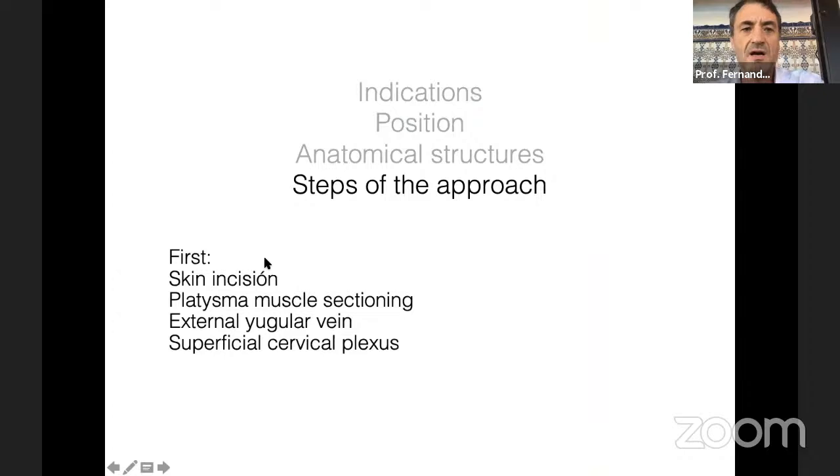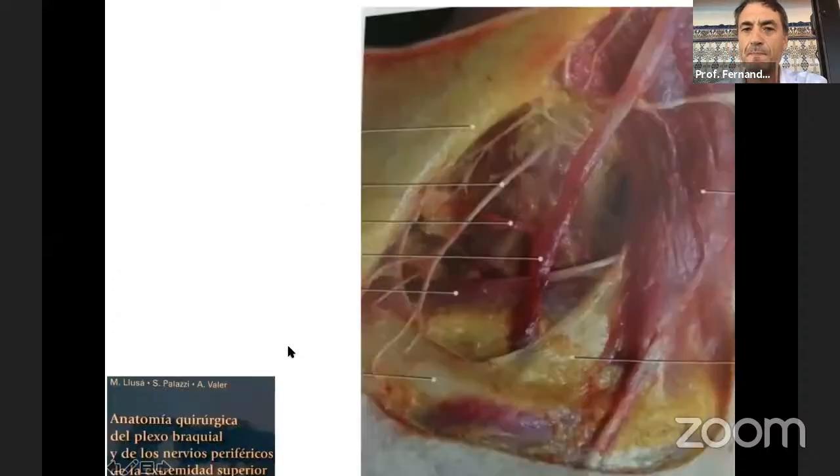First steps are skin incision, platysma muscle sectioning, recognition and preservation of external jugular vein, and superficial cervical plexus. This is a picture taken from the book of Yusa, in which we can recognize the sternocleidomastoid muscle, trapezius muscle, clavicle, and the supraclavicular triangle.